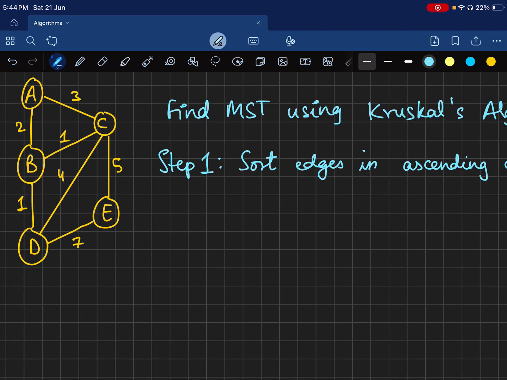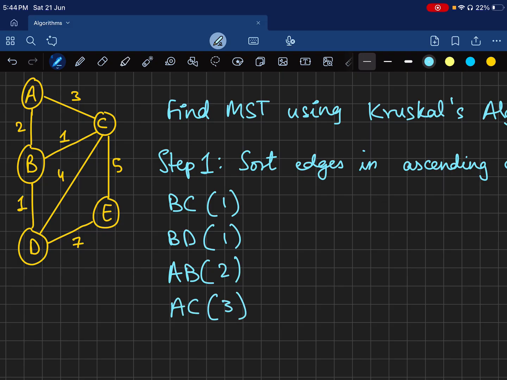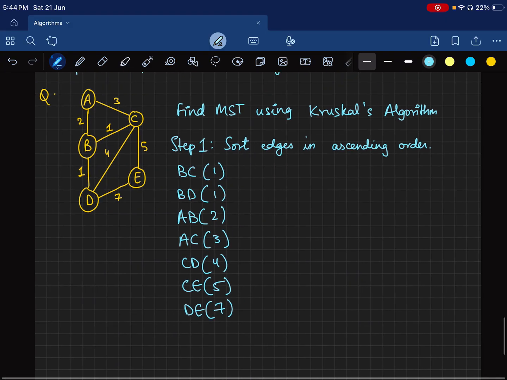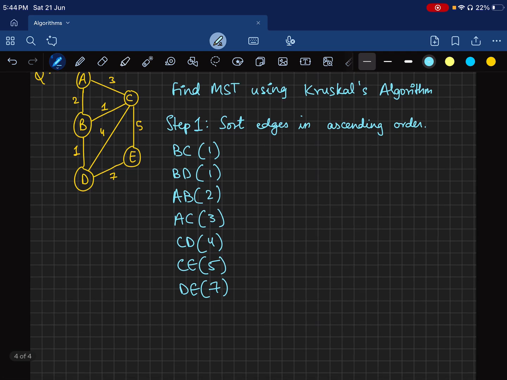When we sort in ascending order, first we get BC, which is 1, then BD, which is again 1, then AB, which is 2, then AC, which is 3, then CD, which is 4, then CE, which is 5, and DE, which is 7. So these are the edges in ascending order.